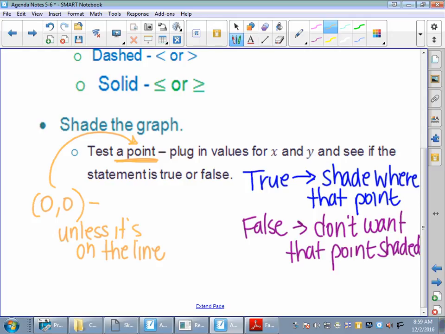So I'm always going to use 0, 0 unless it's on the line, because if it's on the line, it's not going to give us a good sense of true or false because we've got an inequality there. So it's really not helpful. So always use 0, 0 if you can. It's the best way to go. All right, so let's do a couple graphs.